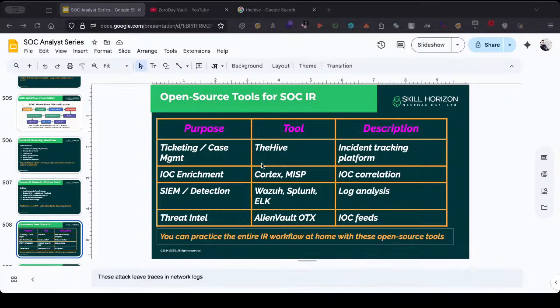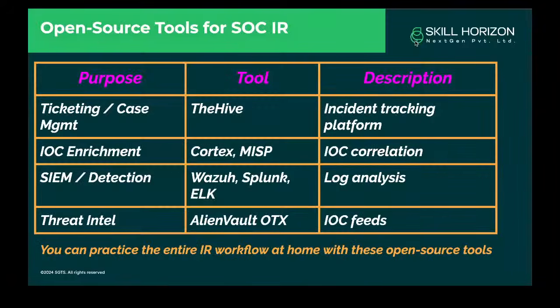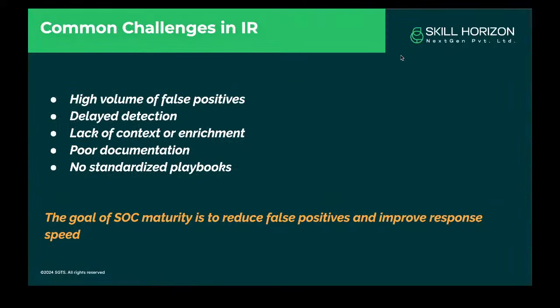Now, suppose we talk about what the common challenges are that we face during IR. The common challenges will be a high volume of false positives. That means you are getting an alert, but that is not a real issue. That is a false positive.